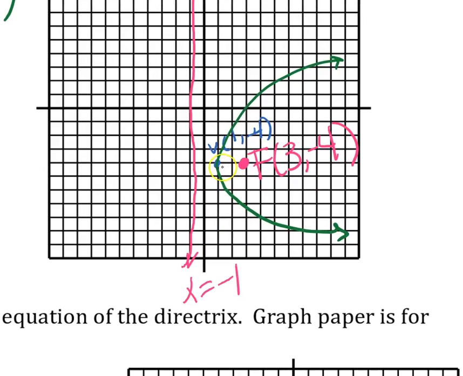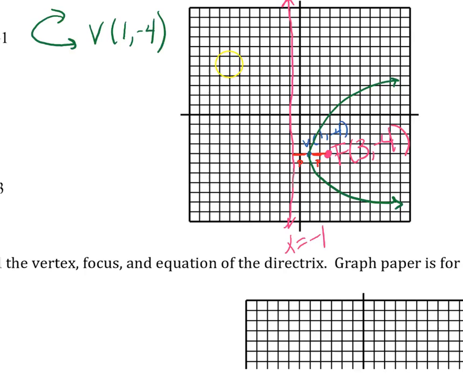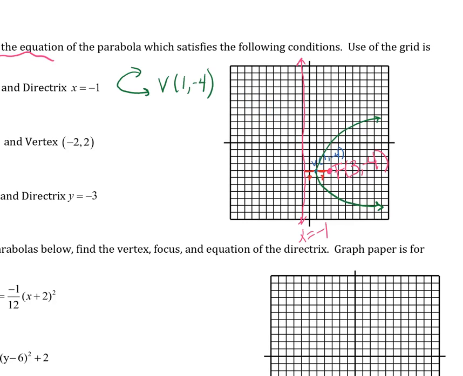So it's this distance in here. I'll do it in a different color, let's use red. Okay, this is P. So this looks like 2 units. Also, this is P. So if I come back out here, P is equal to 2.